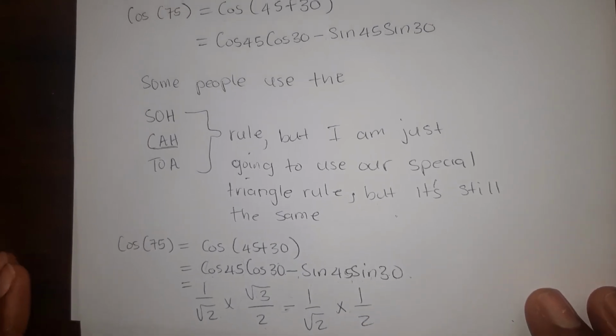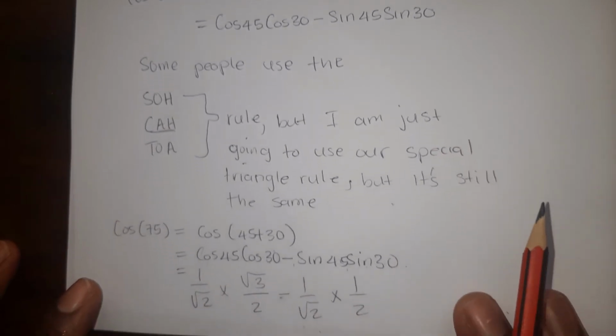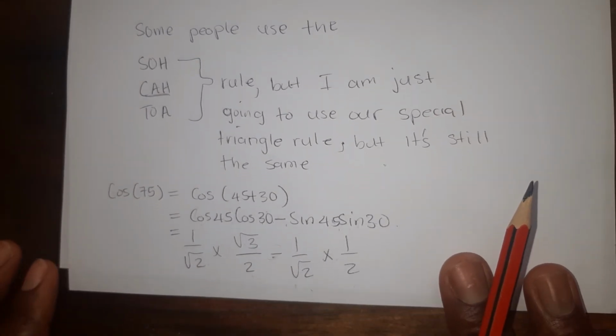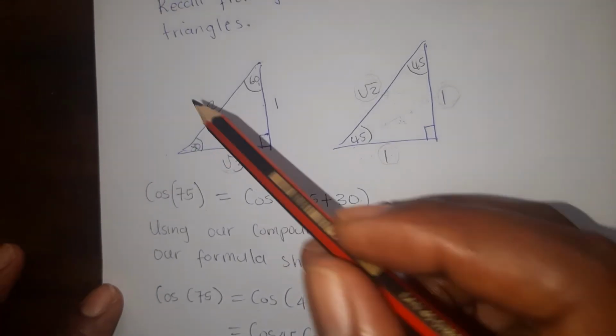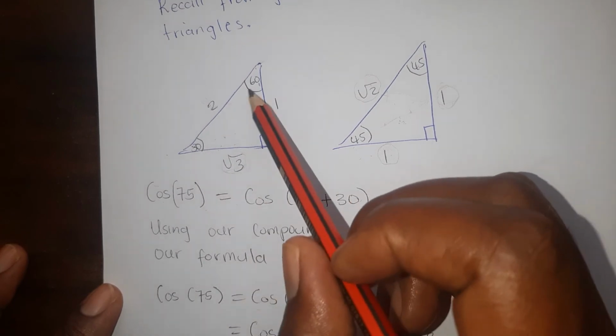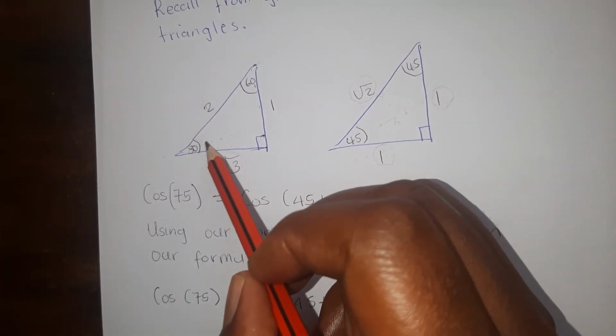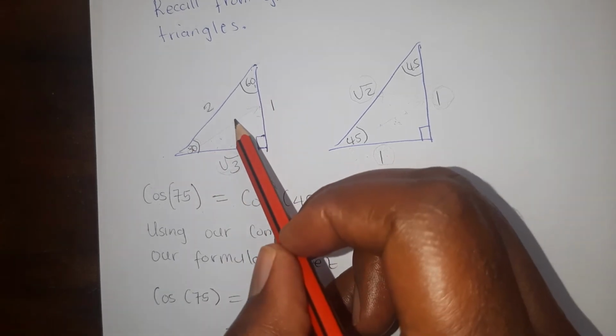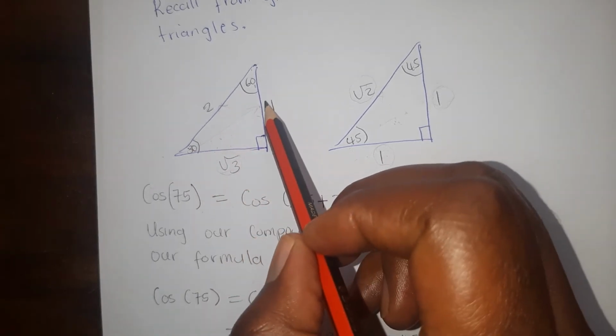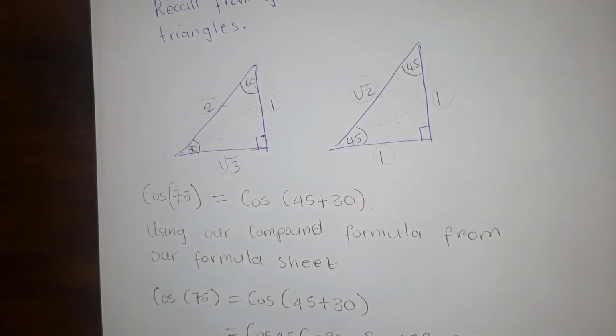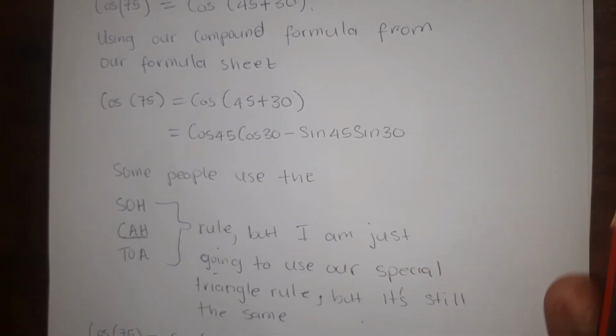How did we get this? Let's go to our 30 and 60 special triangle. From our 30 and 60 triangle, our sine 30 is going to be opposite over hypotenuse, so it's going to be 1 over 2. Then it will be times 1 over 2 here.